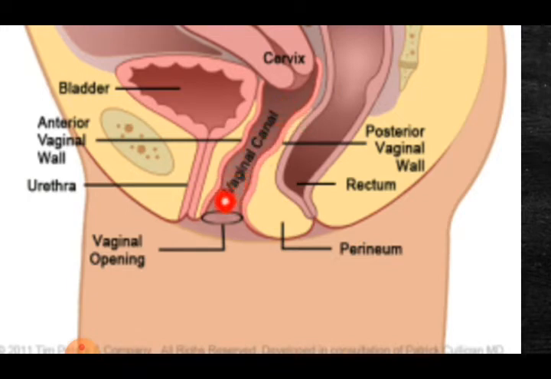As you can see that this vaginal canal is running upwards and backwards obliquely, and it has an angle that is approximately 45 degrees between the bladder in front and the rectum and anus behind.